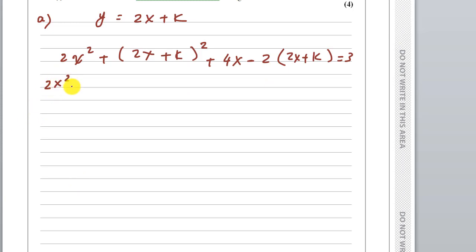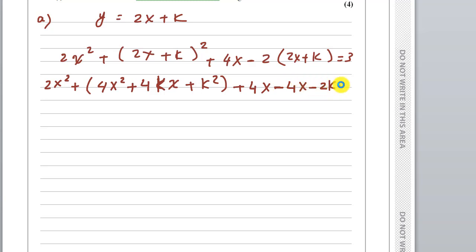So 2x squared plus 4x squared plus 4kx plus k squared plus 4x minus 4x minus 2k equal to 3.